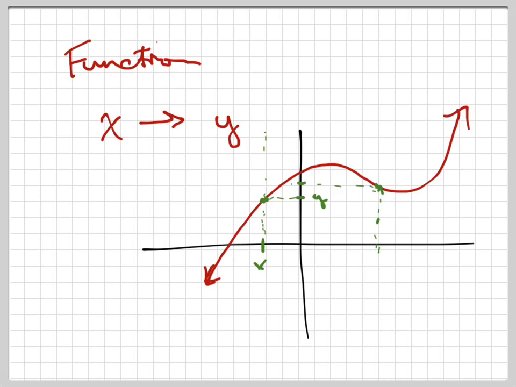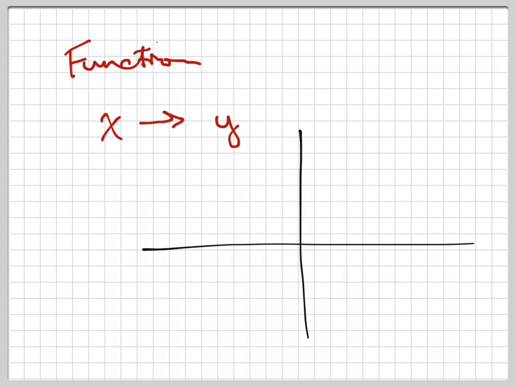Whereas if I had something like this, let me draw a different graph in. If I had a graph that looked like this, a circle, well, that's not even a circle, but either way, it's not a function. Why not?